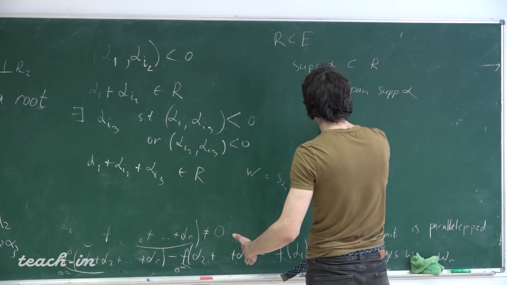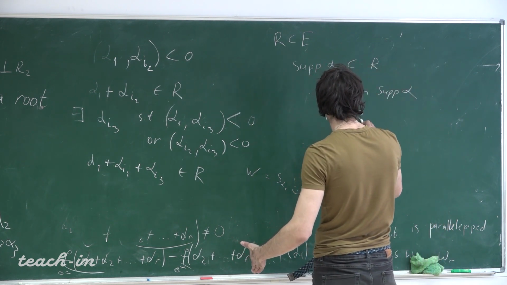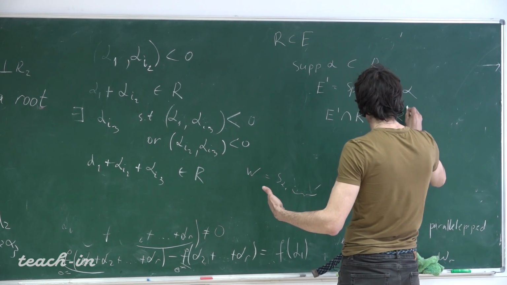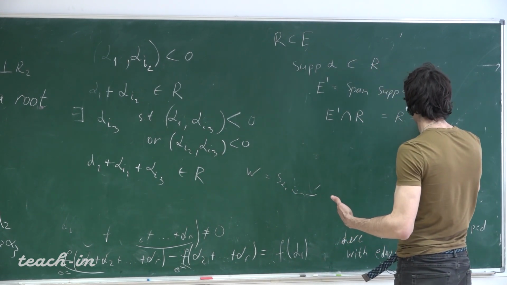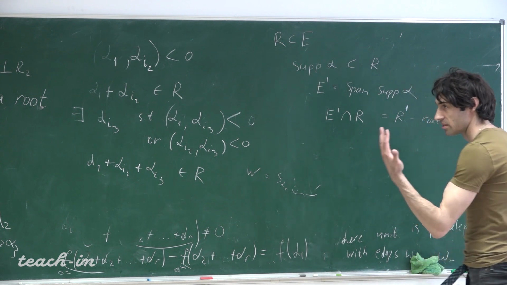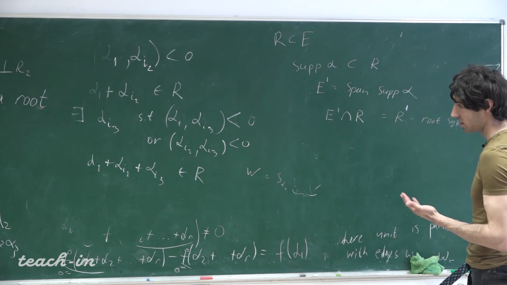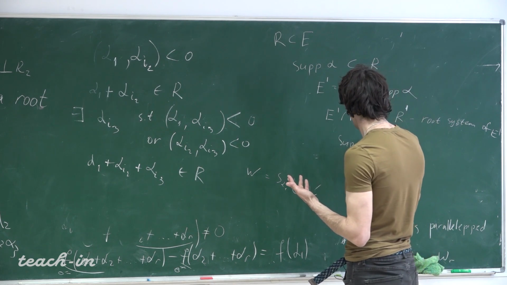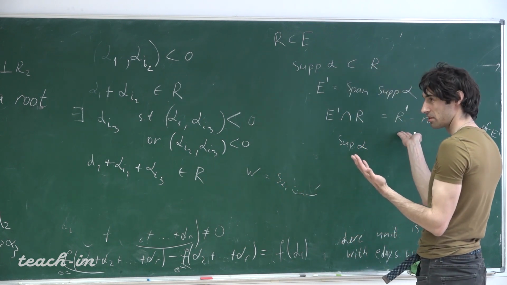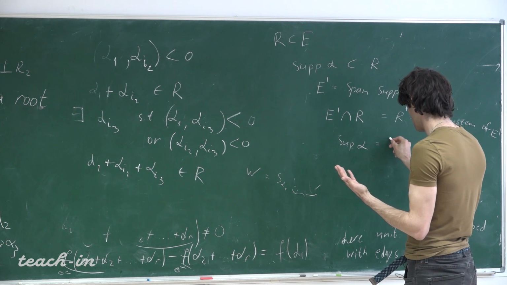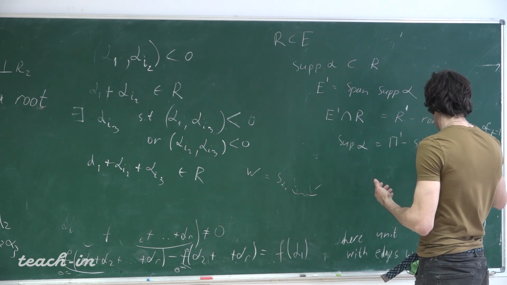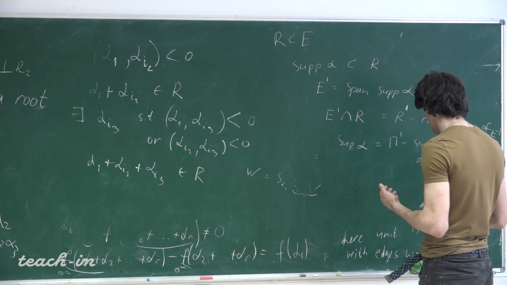Then E prime intersect R will be some root system in E prime, so this is a root system of E prime, and the support of alpha is exactly the simple roots Pi prime of R prime. Why is that?